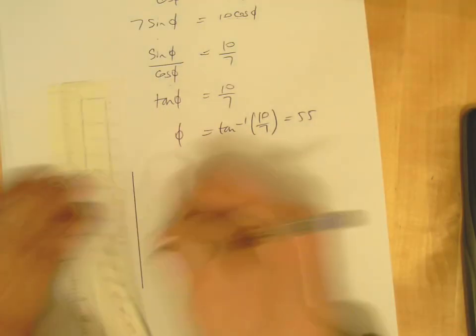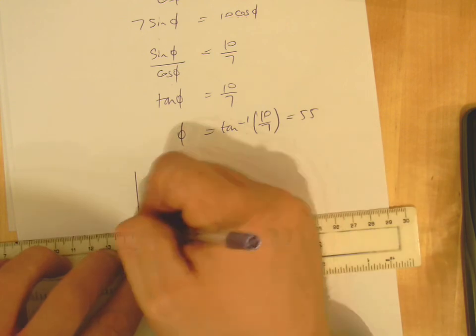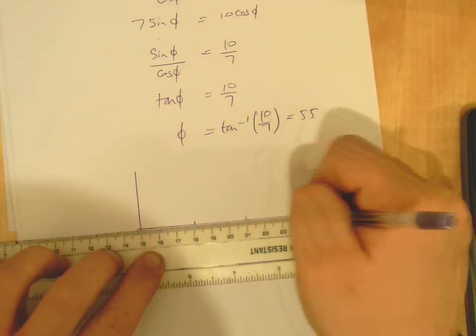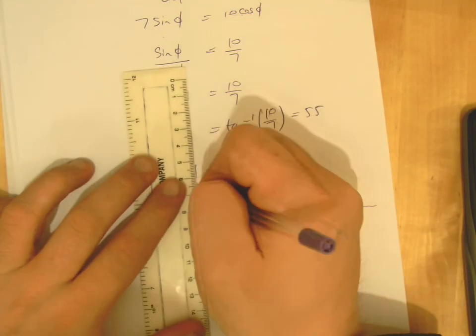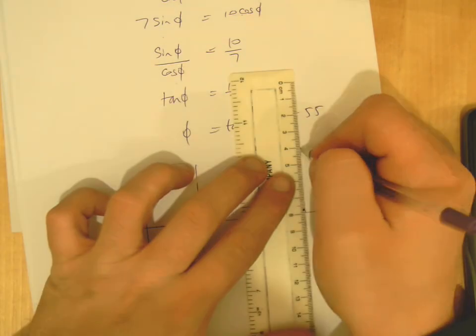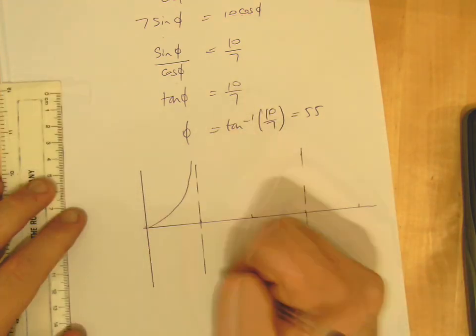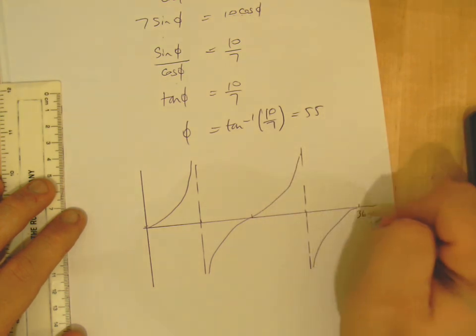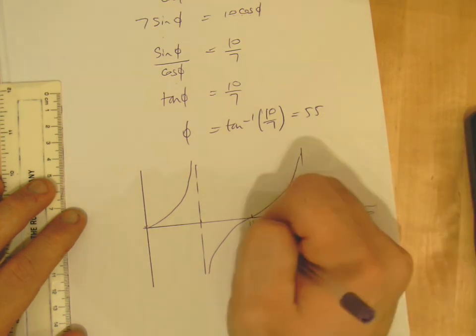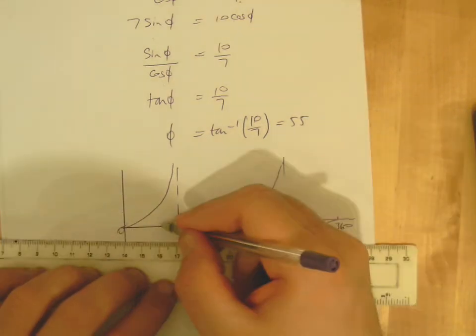So you get your tan graph between 0 and 360. You have asymptotes at 90, asymptotes at 270, so 55 degrees is about there, isn't it?